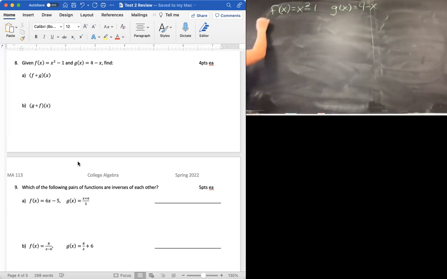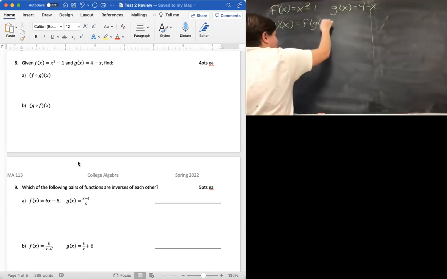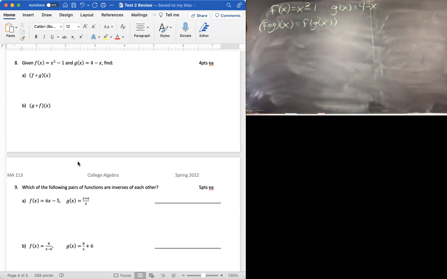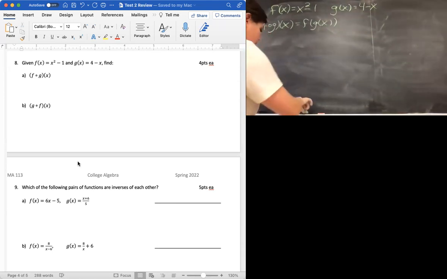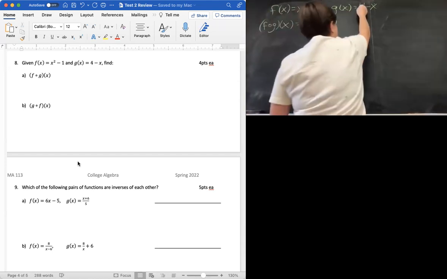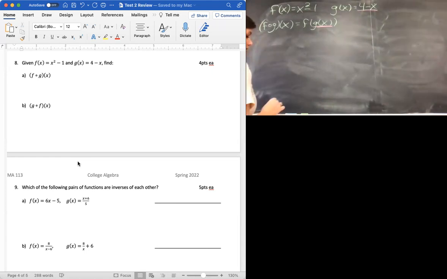And I'm asked to find f of g of x. The way I like to write that is f of g of x, because that shows me exactly which function I'm shoving inside of which function. I am going to shove g of x right there inside of my f of x.